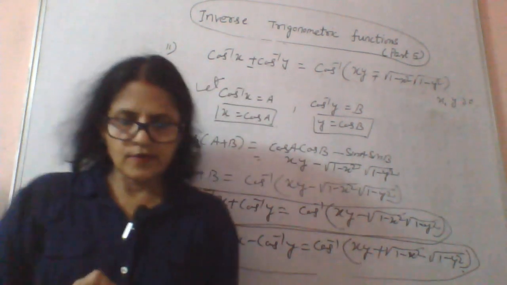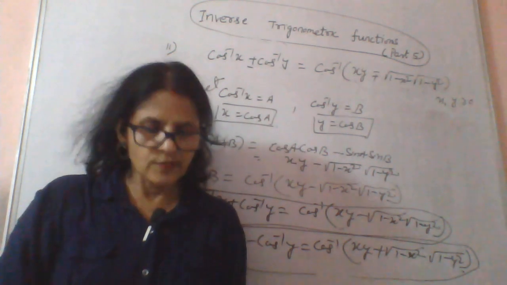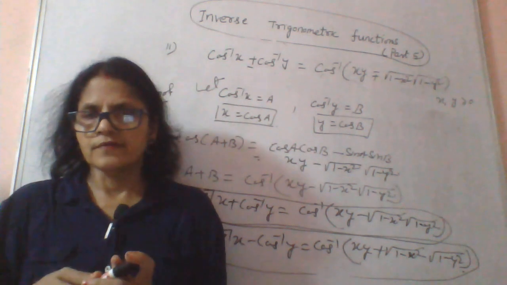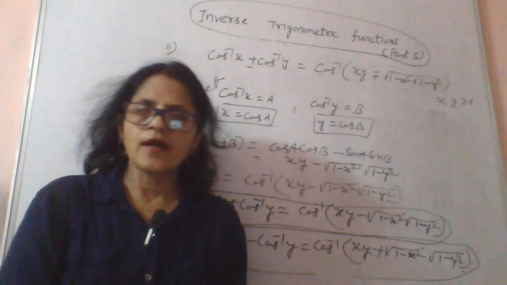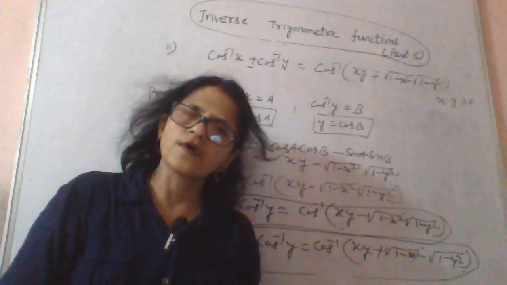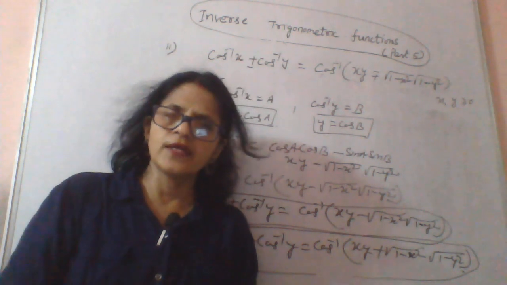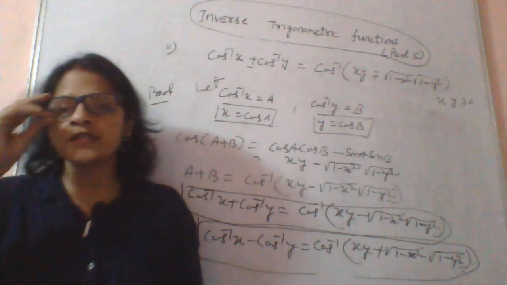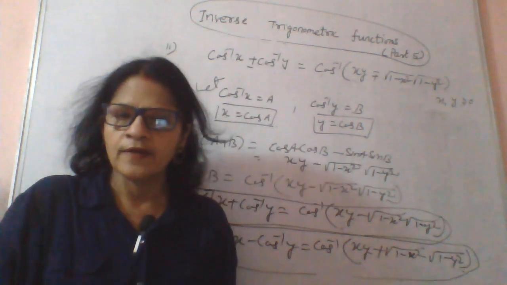So this is about two major formulas, sin inverse x plus minus sin inverse y and cos inverse x plus minus cos inverse y. So actually these are four major formulas, and we have already done tan inverse x plus minus tan inverse y, right?